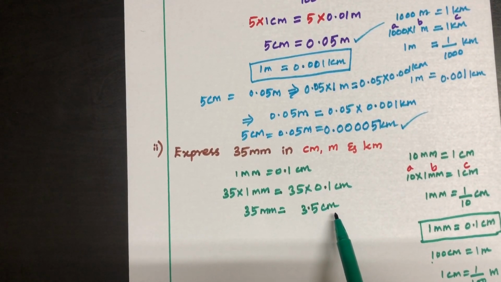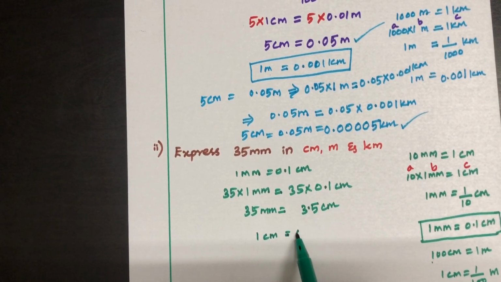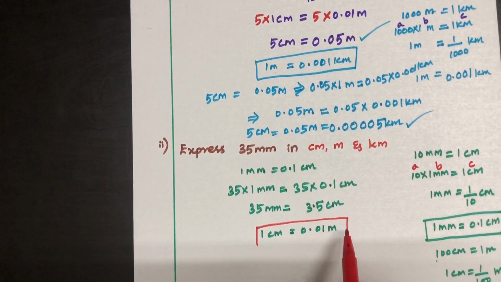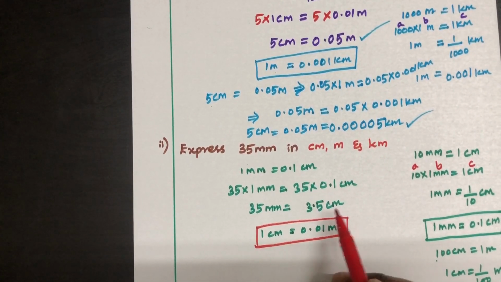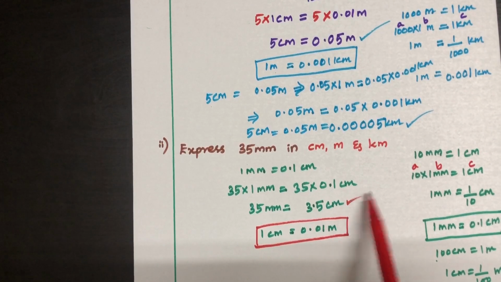Now we want it in meter. What is the conversion from centimeter to meter? 1 centimeter is equal to 0.01 meter. But 35 mm is 3.5 centimeter. Now we are going to take this.